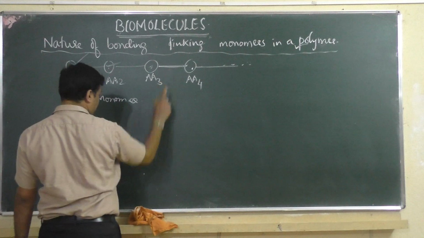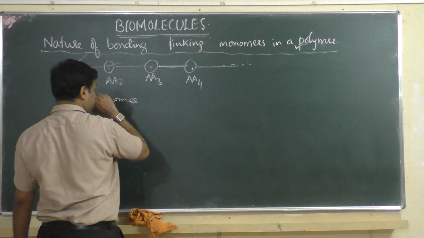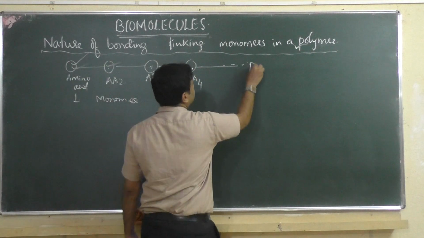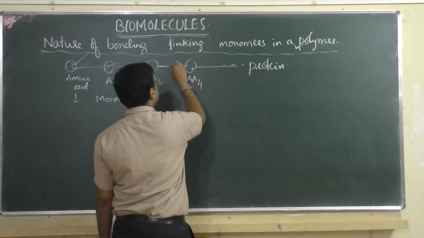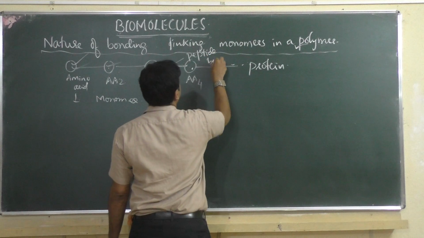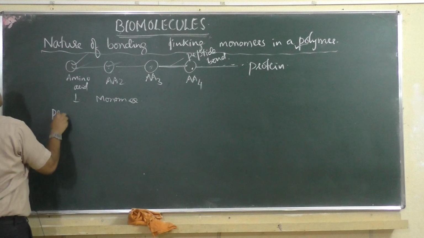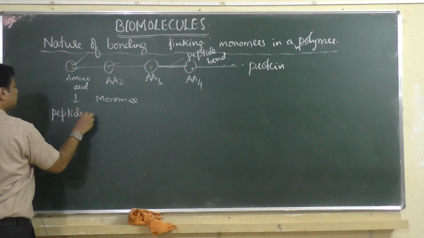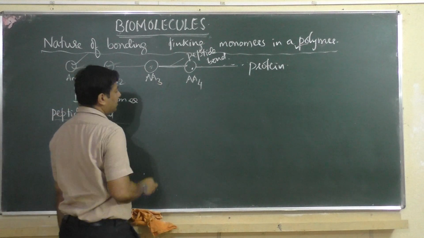What is this bond? If it is a protein, protein is a polymer. It has a bond called a peptide bond, you know. So the nature of bond in a protein is the peptide bond. How is this peptide bond produced between two amino acids?